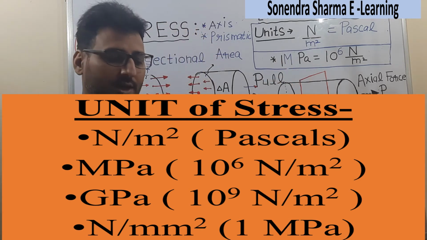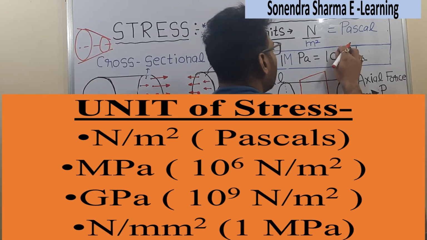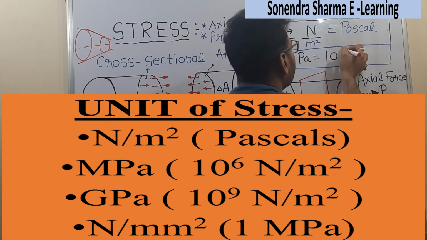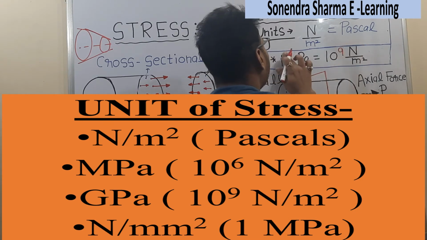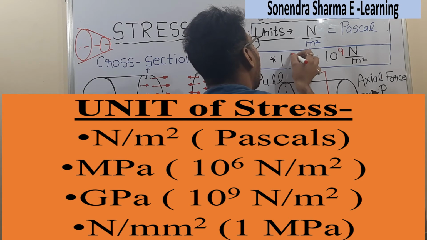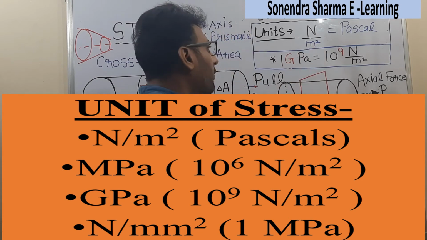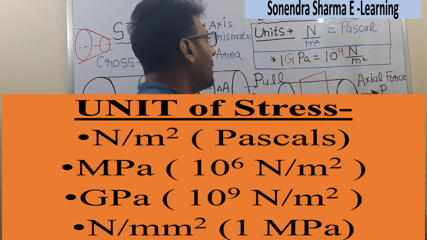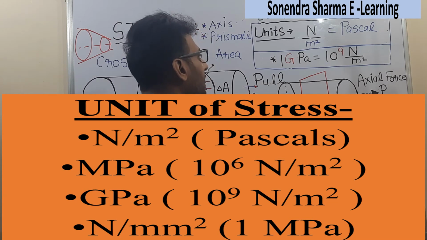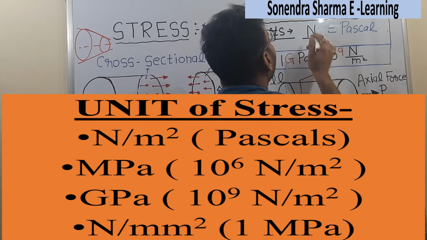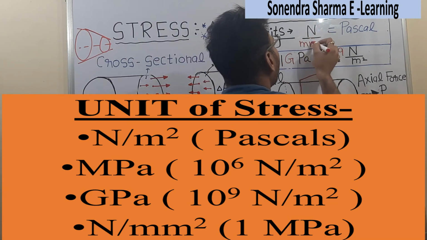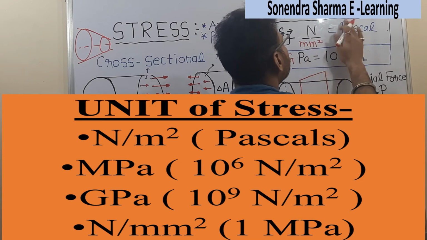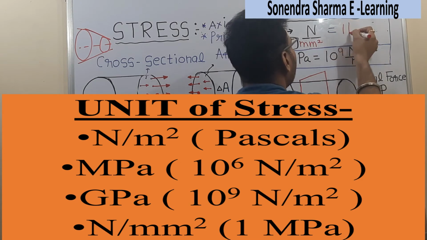What are other units? When we multiply Newton per meter square with 10 to the power 9, then the third unit is gigapascal, and the fourth and last commonly used unit of stress is Newton per mm square, which is also equal to megapascal.